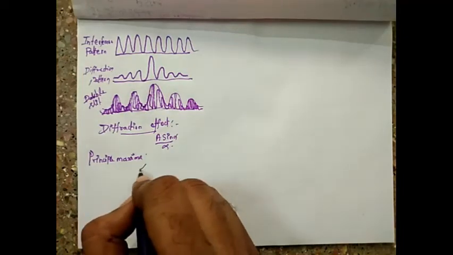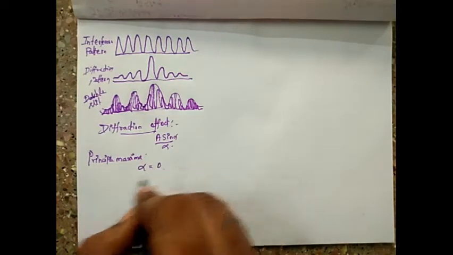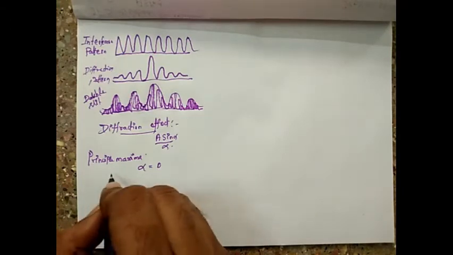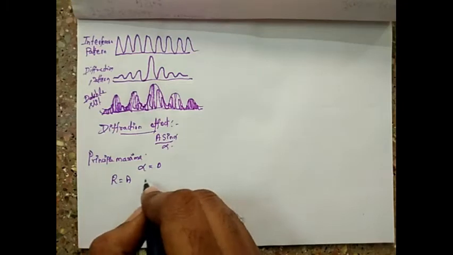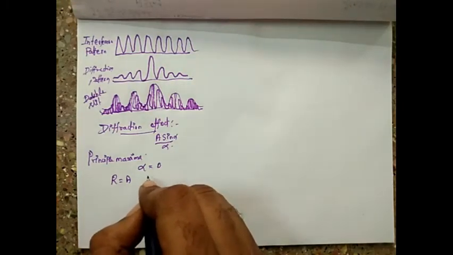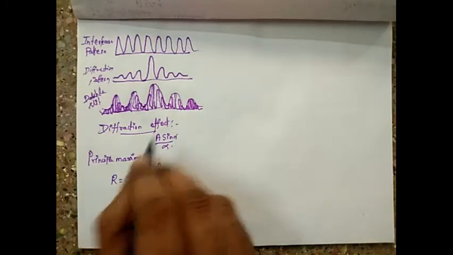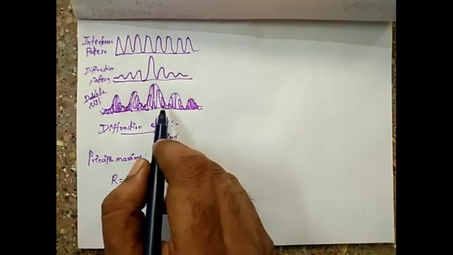For finding principal maxima, alpha should be taken as 0. So as usual, R is equal to A and the exact position of principal maxima will be at the 0 position.